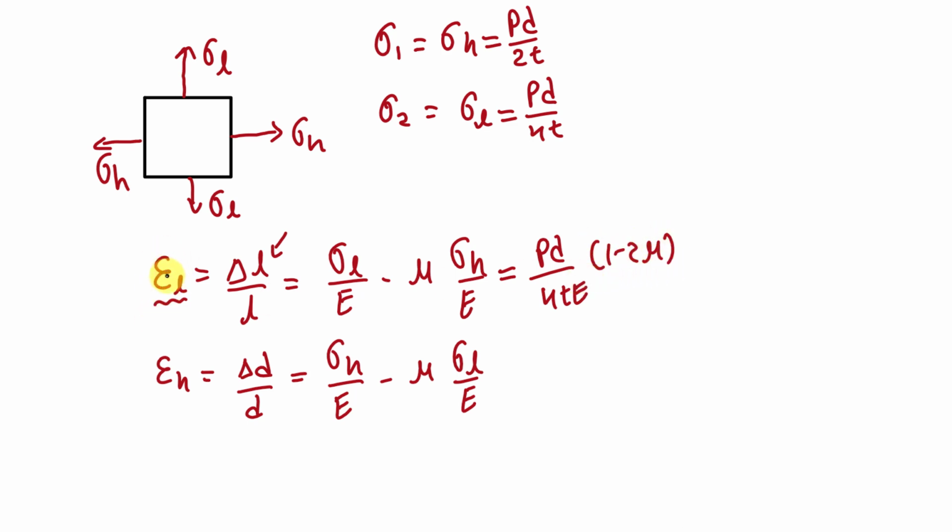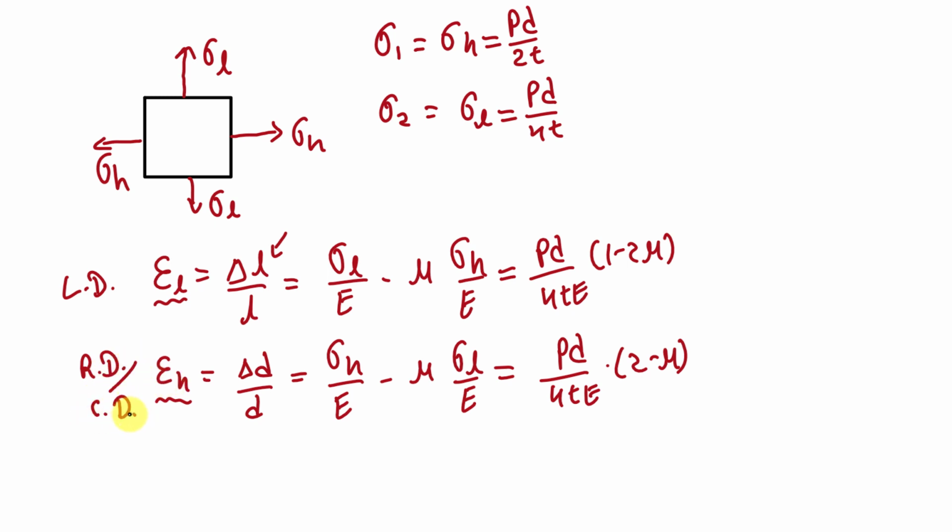This is the strain along the longitudinal direction of the cylindrical pressure vessel. And if you put the hoop stress and longitudinal stress, you will get epsilon H equal to PD by 4TE into (2 minus mu). This epsilon H is the strain along the radial direction, and also along the circumferential direction, or we can say the tangential direction. So now we have strain along all three directions.